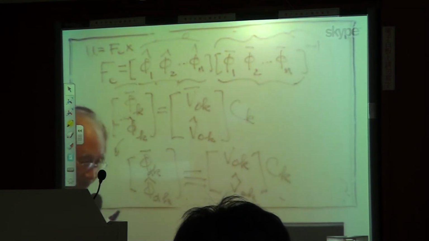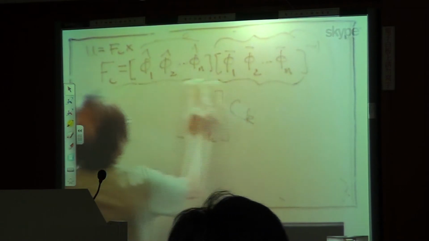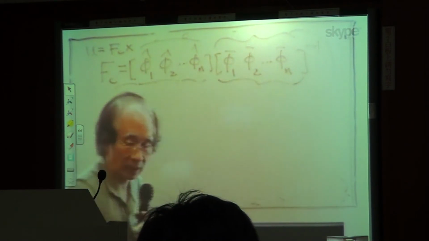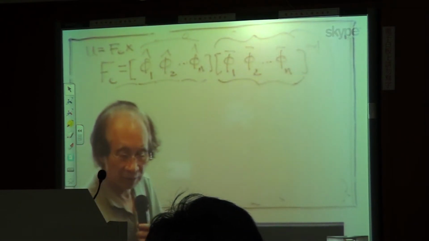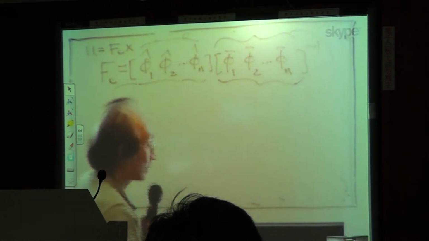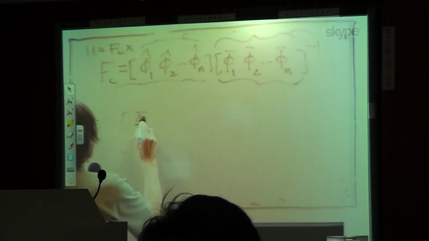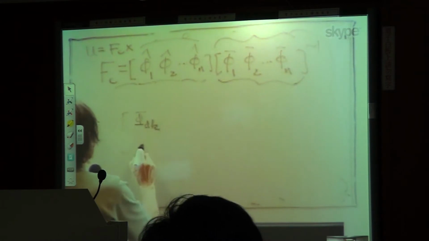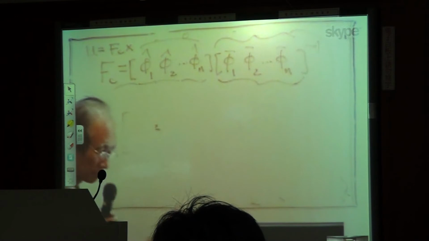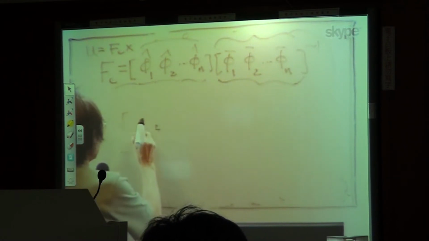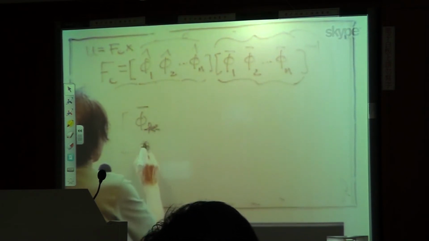In other words, that means when we solve that, my desired k, let me write it clearly here. It means bar k, hat k.